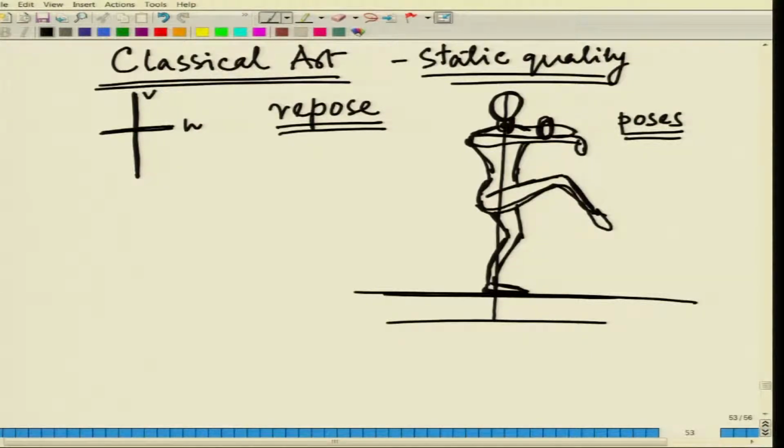So, in this formation, the central axis is perpendicular to the ground. It has a classical balance, and even though the figure is not standing in a stable position, it can stand in this pose for pretty long. So, that determines the stability or the static quality of an object.